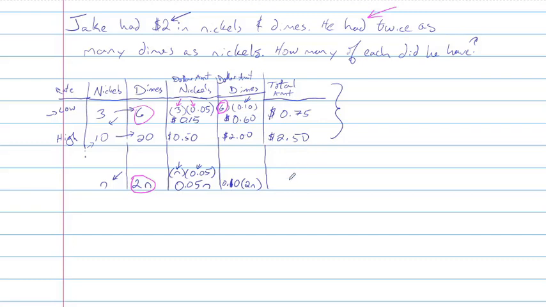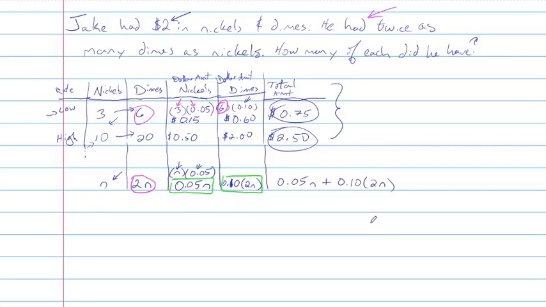And how I got the total amount column is that I added the things in the dollar amount nickels and dollar amount dimes columns. I just added those together. So I'm going to do that here: 0.05n plus 0.10 times 2n.